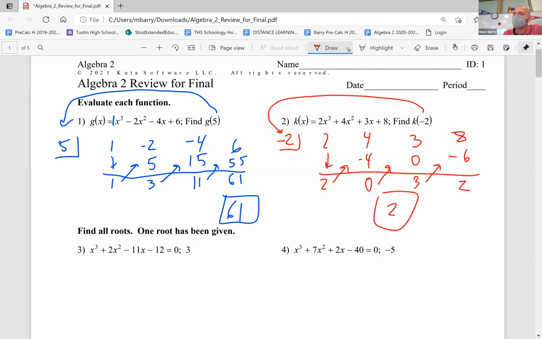So my answer here would be 2. So we always add down, except for the first one, which we just bring down. But after that, we add down and then multiply by what's in the cupboard as we move up.